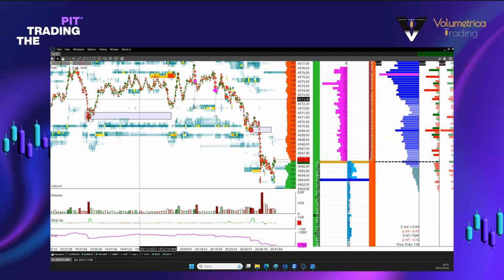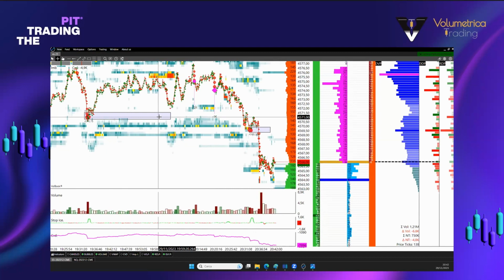So after detecting icebergs, what's the best way to trade them? Of course, there are many ways, but let's first destroy a myth.